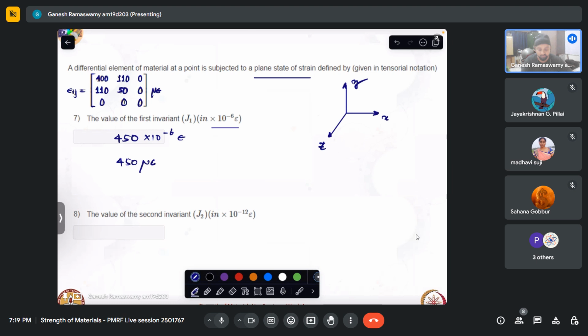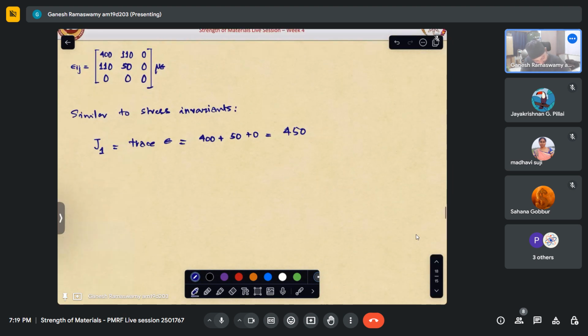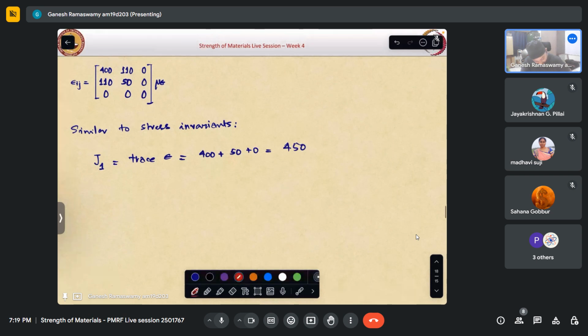The second invariant, J2, is the sum of the determinants of the minors.